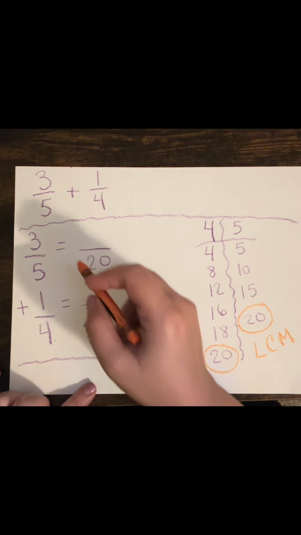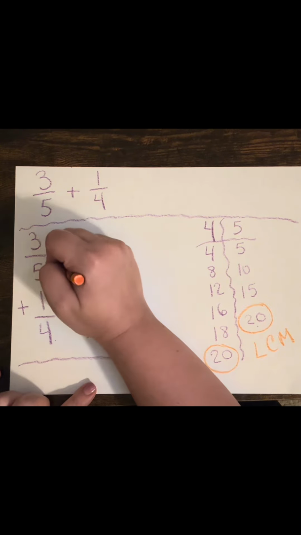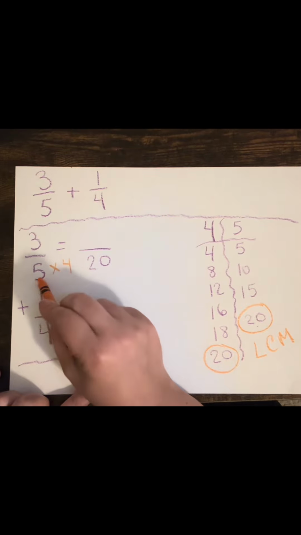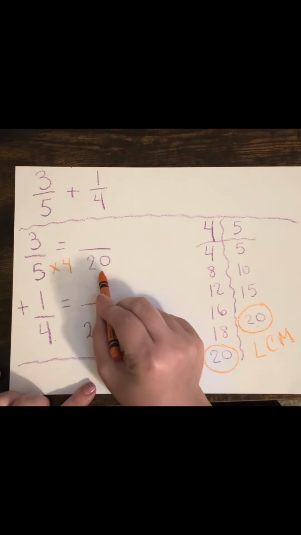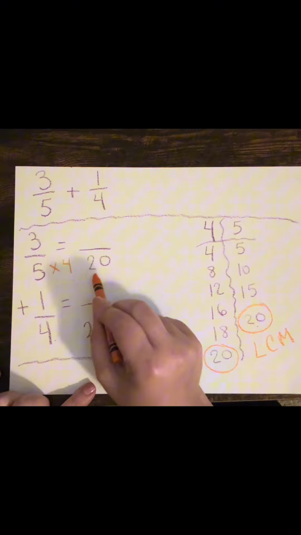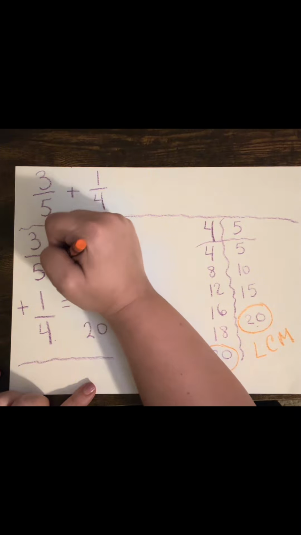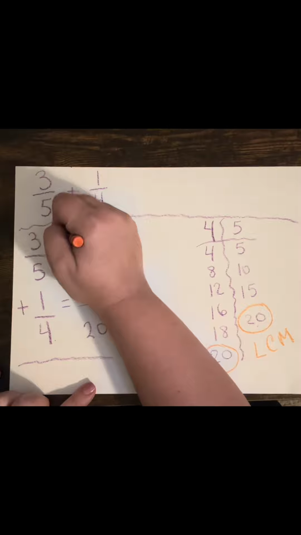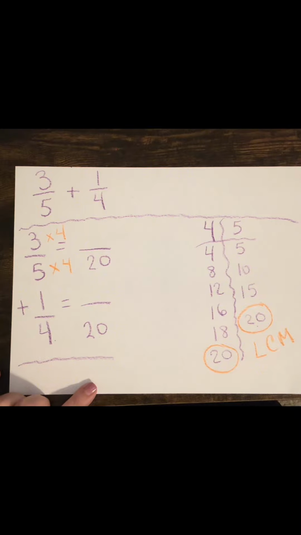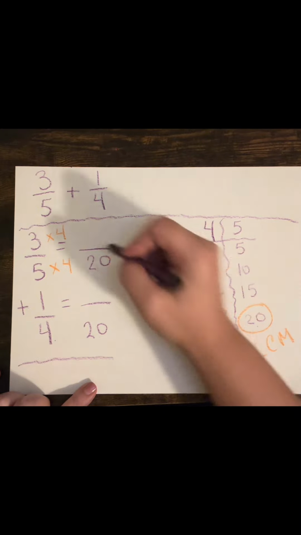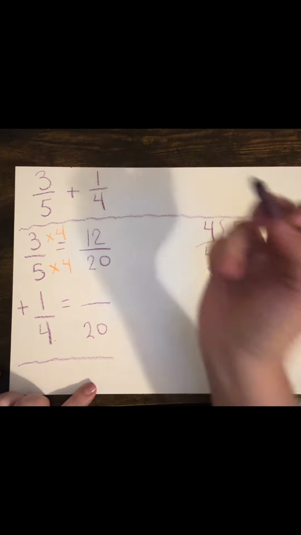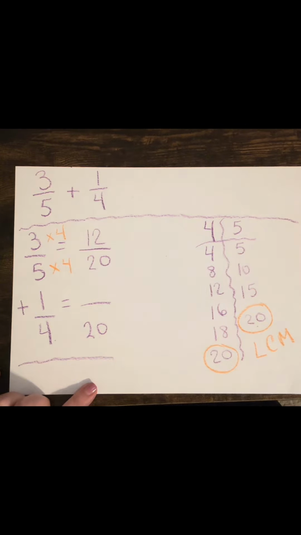That's a hint. So what did we multiply by? We multiplied by 4. 5 times 4 gives us 20. So whatever we do to the bottom of a fraction, we must repeat and do the same thing to the top. So look, we're going to also multiply the top by 4. 3 times 4 gives us 12. Look what we just did. We created a new numerator.